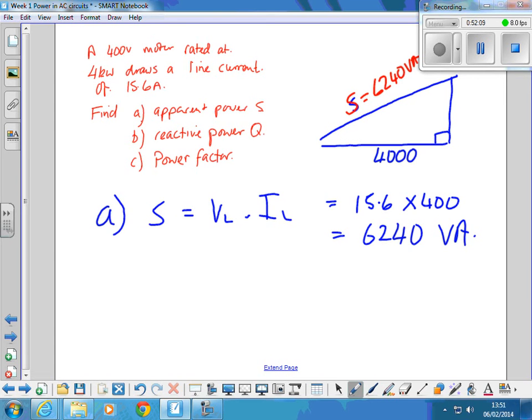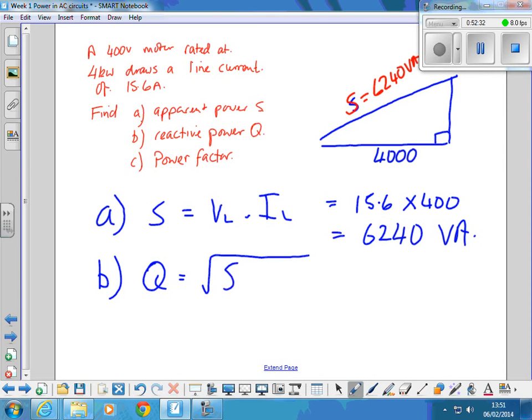Reactive power Q. How can we calculate that? In this instance, Pythagoras theorem, rearranged a little bit.